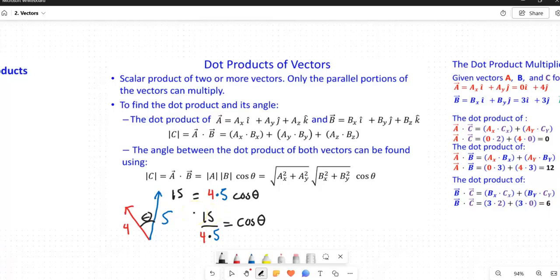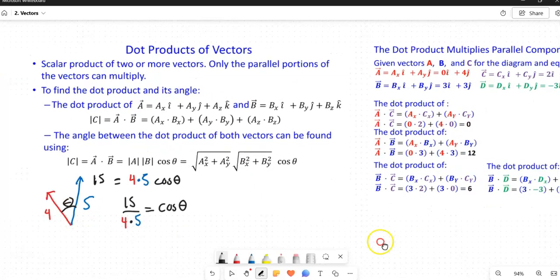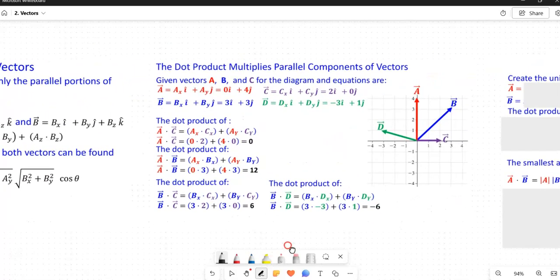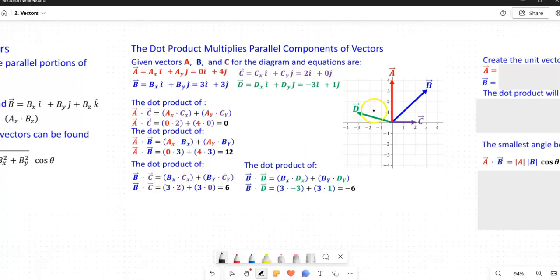So we'll practice both of those things, but first off, let's just make sure we understand what a dot product actually is. Okay, so over here, there are 4 vectors, A, B, C, and D. And A is pointing straight up. So its actual components of the vector will be 0i plus 4j. The B vector is pointing to the right 3 and up 3.